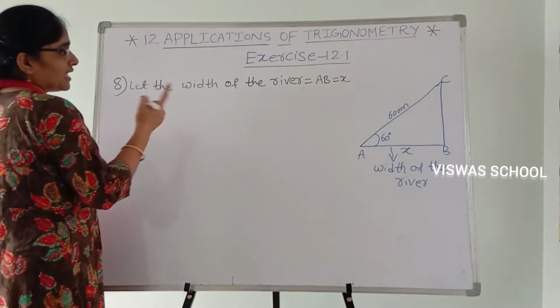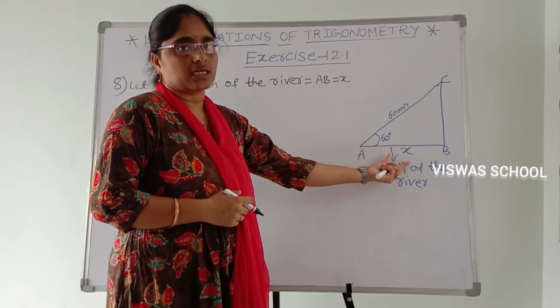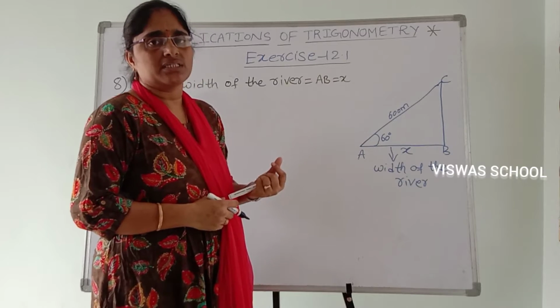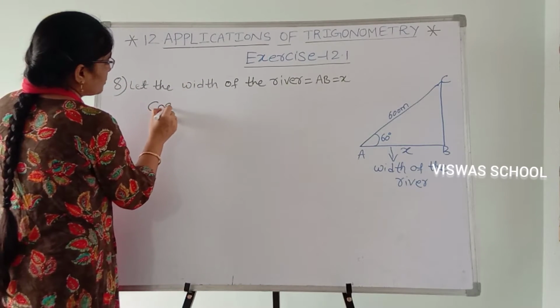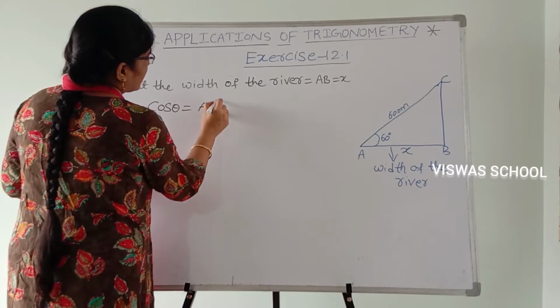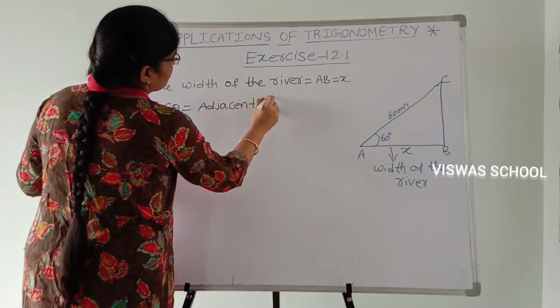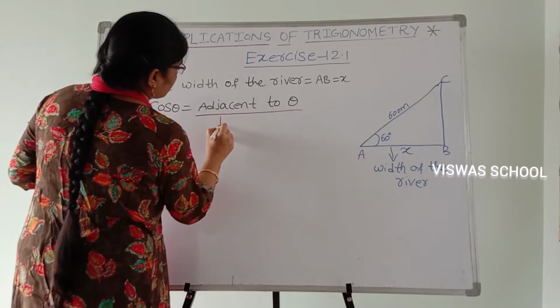Now from triangle ABC, this is the hypotenuse and this is the adjacent. Related to adjacent and hypotenuse, the trigonometric ratio is cos. That is, cos theta is equal to adjacent by hypotenuse.